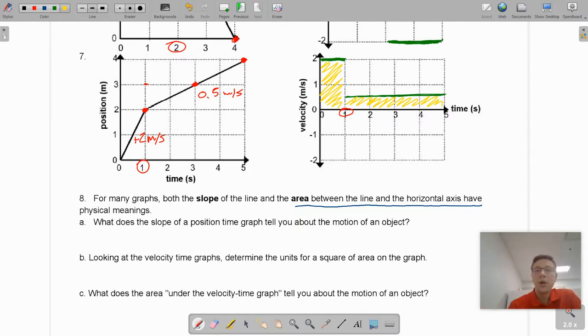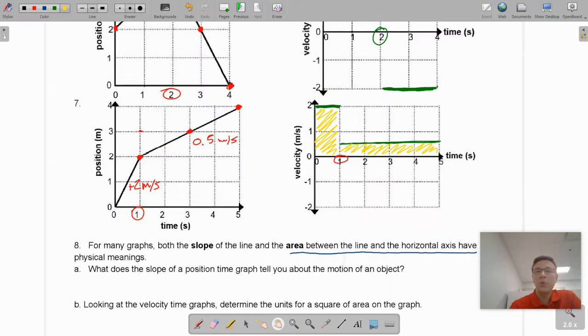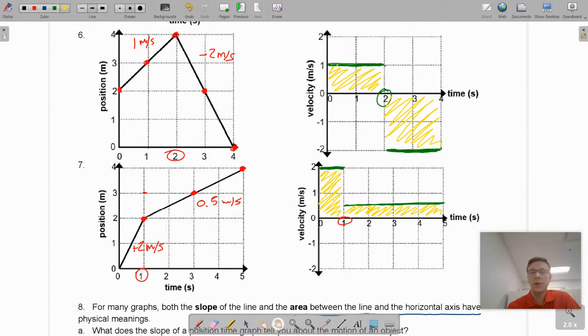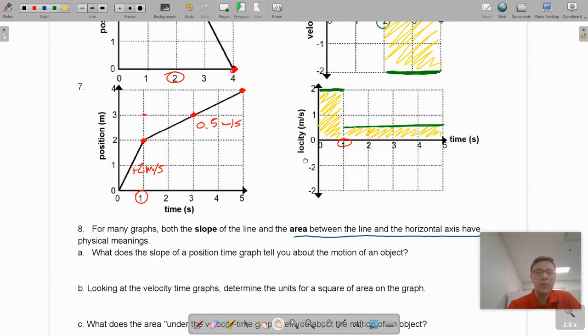Okay, so even if that line was negative, like in the one above here, we would be talking about this space right here, and then this space right here. Okay, so the area between the line that you drew and the horizontal axis is what we're about to talk about here. So just kind of showing you what that means.